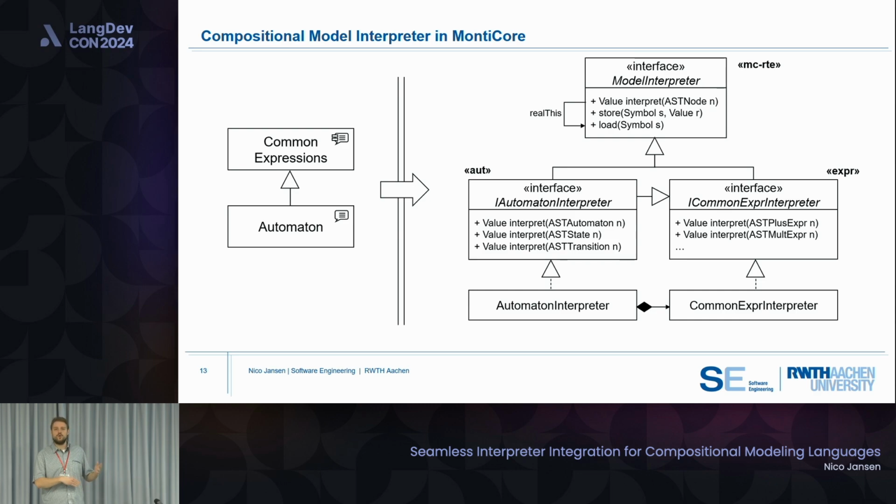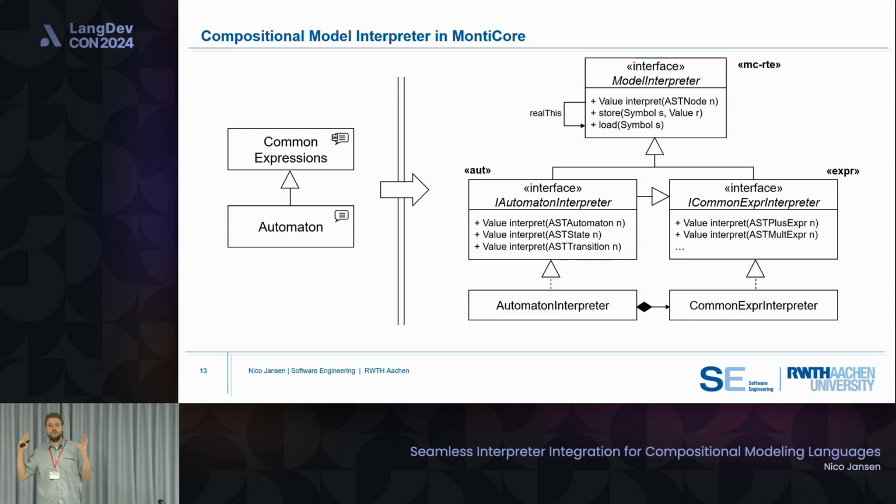And for example, once we reach an expression, the automaton interpreter just delegates this call to the common expressions interpreter, which then does the computation and returns everything. And every time the common expression interpreter goes further, so maybe to further sub-elements, which might not be part of this expression language, it just returns the call to the orchestrator, so the automaton interpreter, which then delegates again to the object which is capable of handling this.